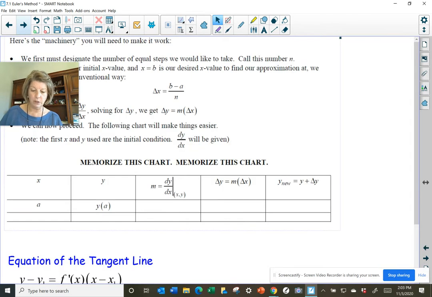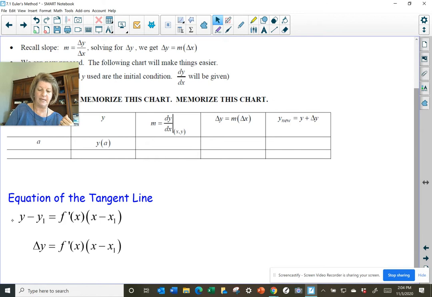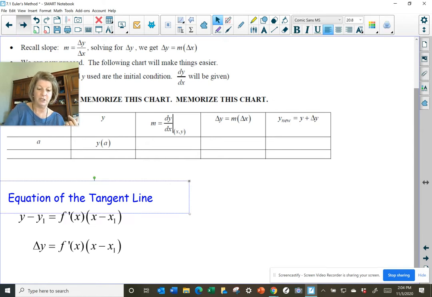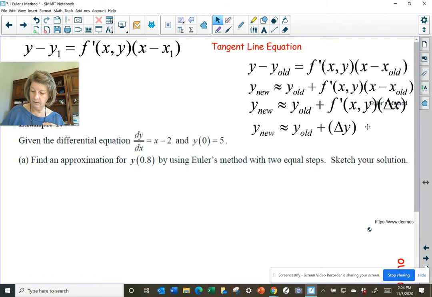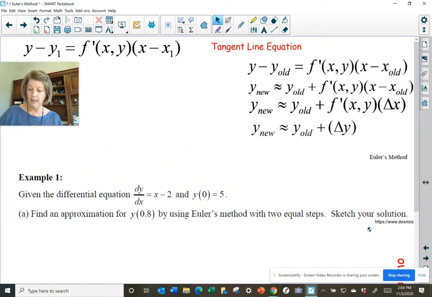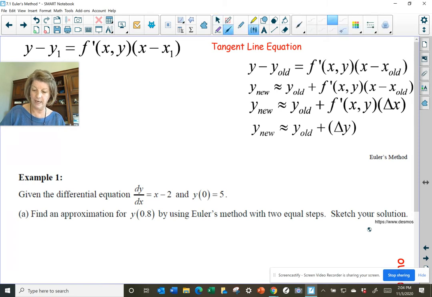All right, so down below, this is how I used to teach it. You can memorize the chart, but there's a little bit easier method. And we're just going to play off of this idea of the equation of the tangent line. Let's start off with the idea that we have the equation of the tangent line, and we're all very proficient at doing the equation of the tangent line, right?